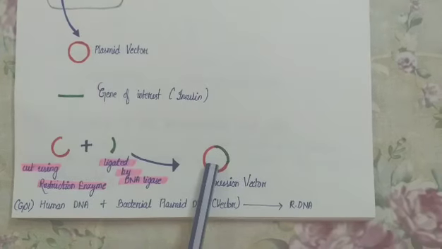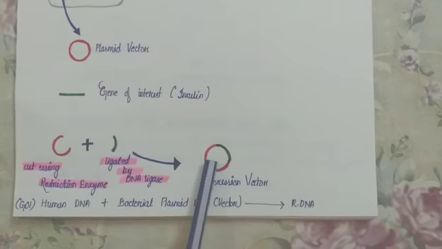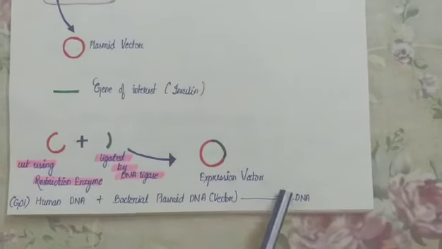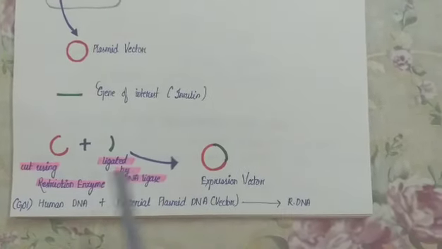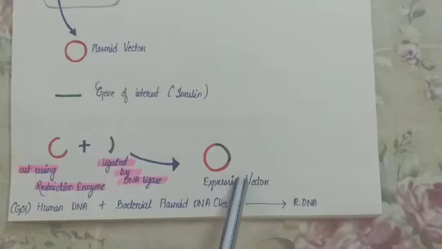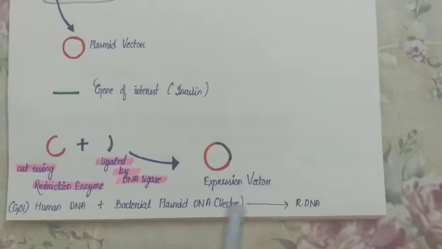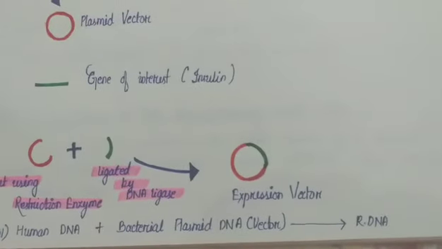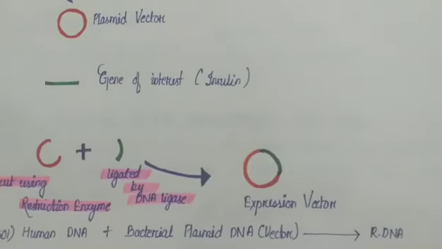So what is an expression vector? An expression vector is similar to rDNA, which is a recombinant DNA. The recombinant DNA here is called an expression vector because now this DNA is able to express, meaning it is able to produce the product which we require.